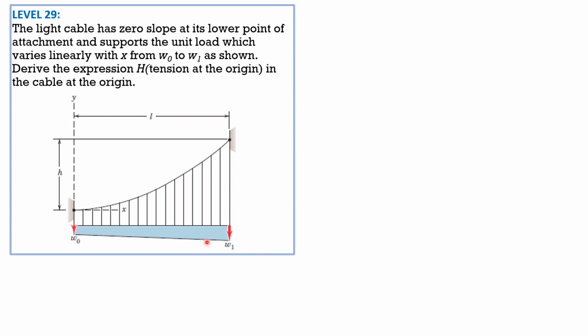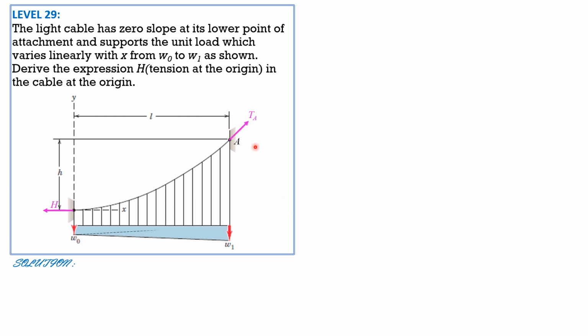In this case, since this is the lowest point, the tension here is horizontal. This is the highest point, so the tension there is maximum. We will denote the tension here as big H. Then I divide the loading into two triangles.